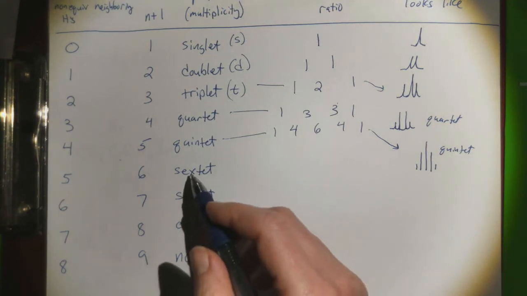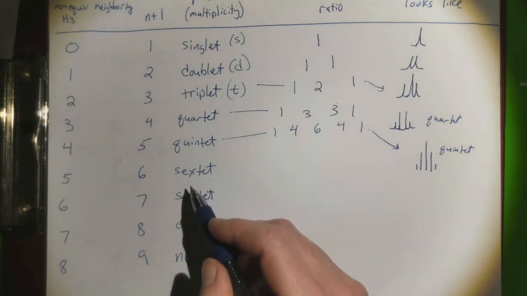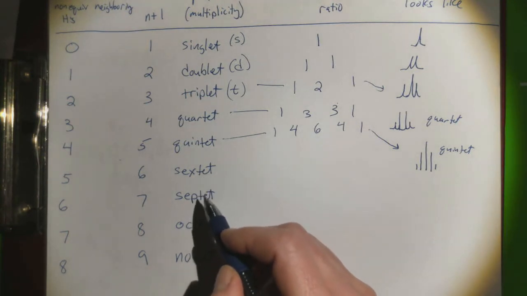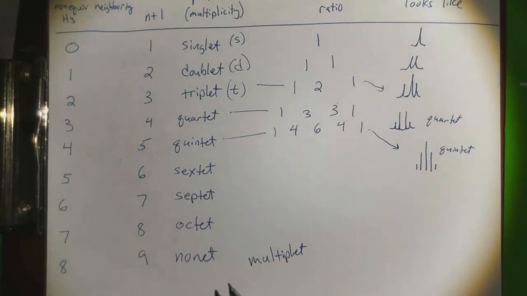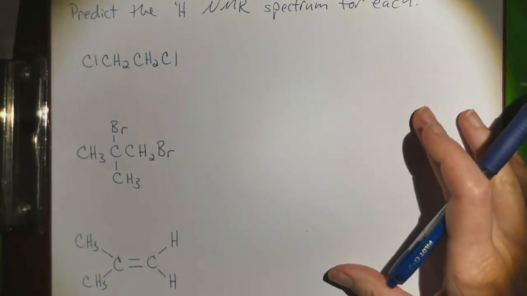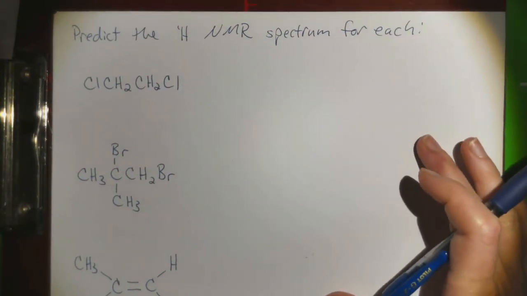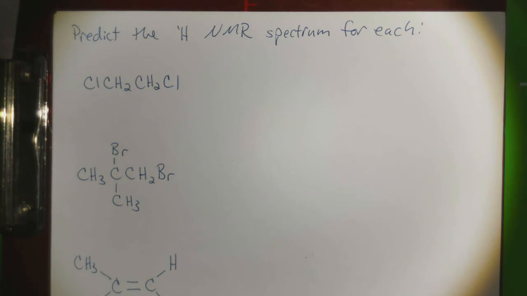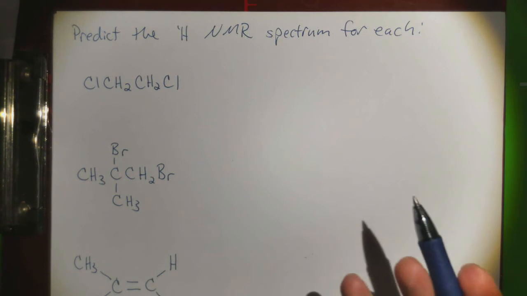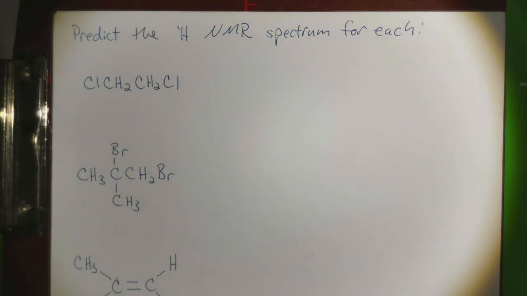You will see examples of sextets and septets, but I can't think of an example where we've had an octet or a nonet in your examples. So let's work some of these now. Let's take what we know so far, and I'll explain in the next video where spin-spin coupling comes from and why signals get split into multiple peaks, but for now we're just predicting those splitting patterns.